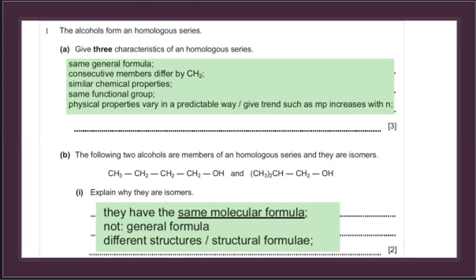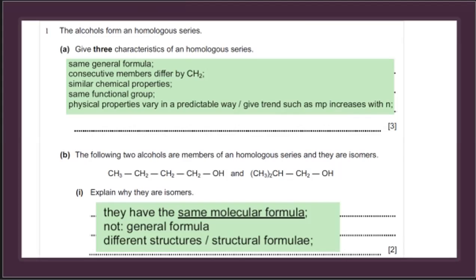They have similar chemical properties as well as the same functional group. The physical properties vary in a predictable way, and they tend to give a trend as you go down the homologous series.